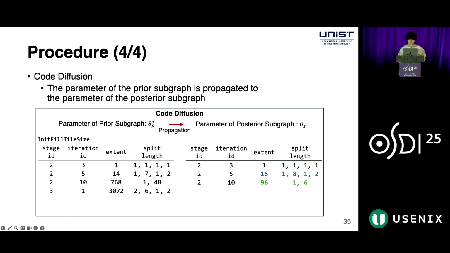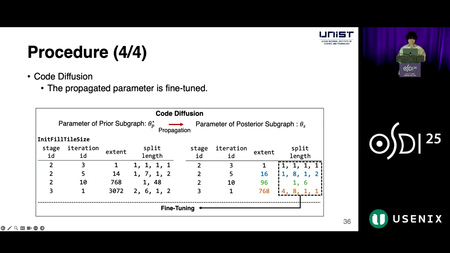Third, we scale the split length according to the ratio between the prior and posterior extent. And finally, for the bias, we randomly initialize the parameters. And these propagated parameters are fine-tuned.